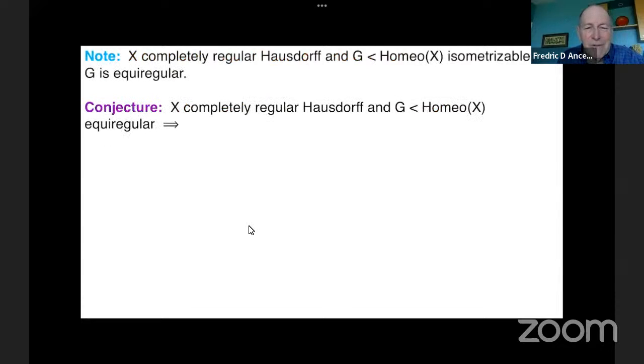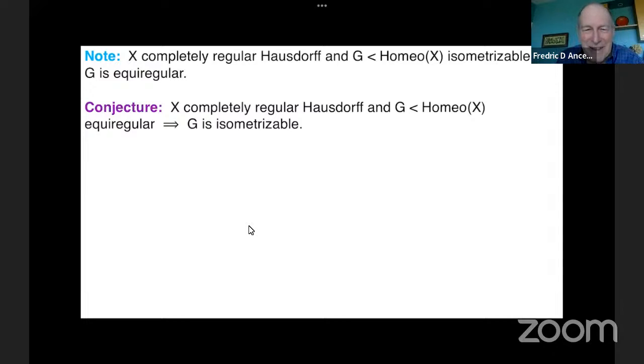So here's the conjecture: if you're in a completely regular space and you have a group of homeomorphisms that's equiregular, can you prove that the group is isometrizable? This gets outside of the area where I can do a proof, and I don't know what the answer is, but here's a conjecture.